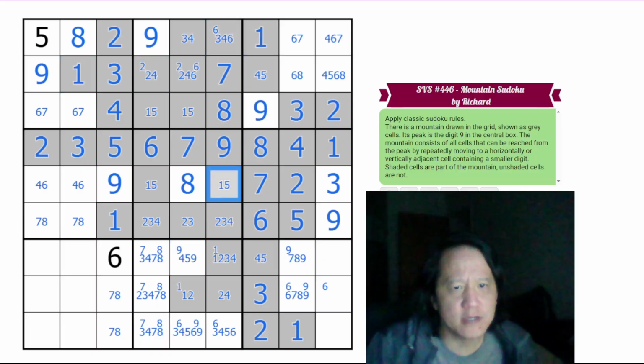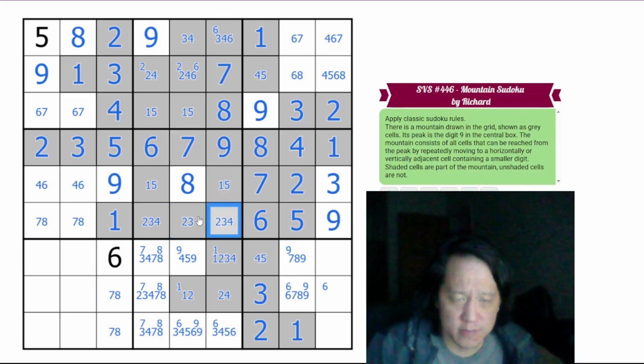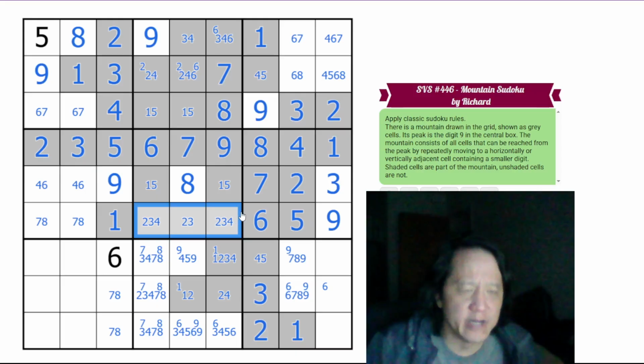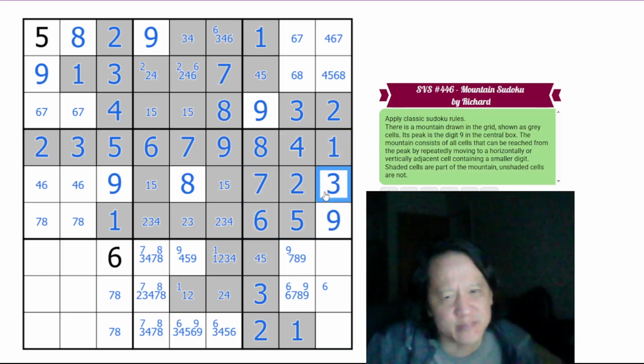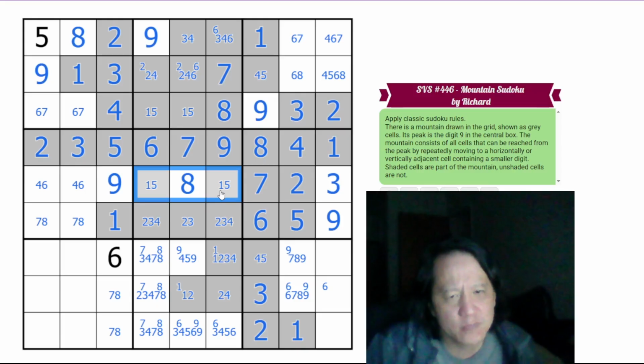What I was thinking was that this could have been a 5 here, right? But the problem with that is that where is the 5 in box 6, right? Maybe the 5 could have been there.